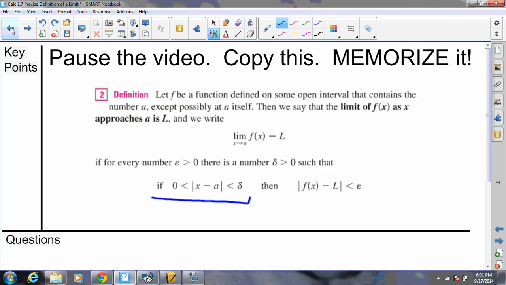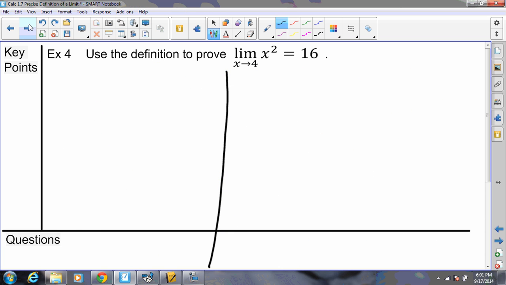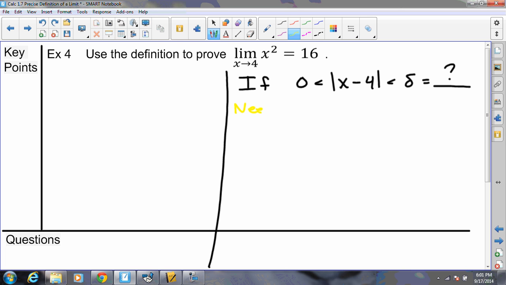If we start by assuming 0 is less than or equal to absolute value of x minus 4, again, 4 because that's what the limit is approaching, is less than or equal to some delta, which is equal to something we need to figure out, we need absolute value of f of x minus L to be less than an epsilon.